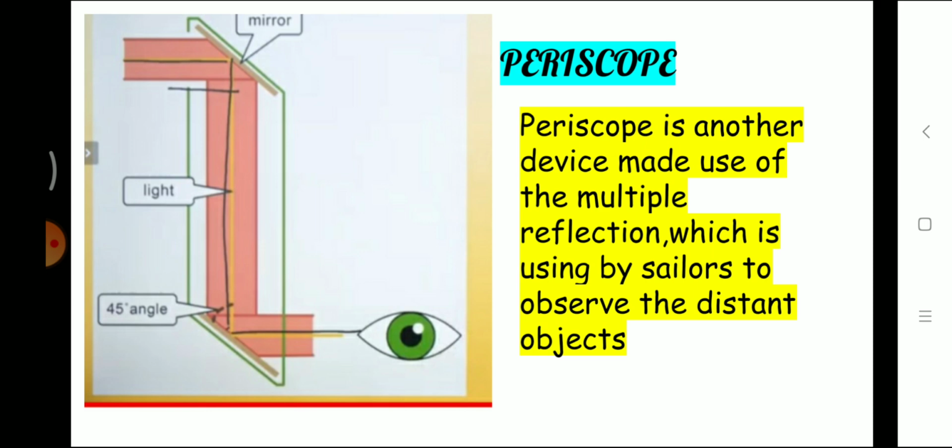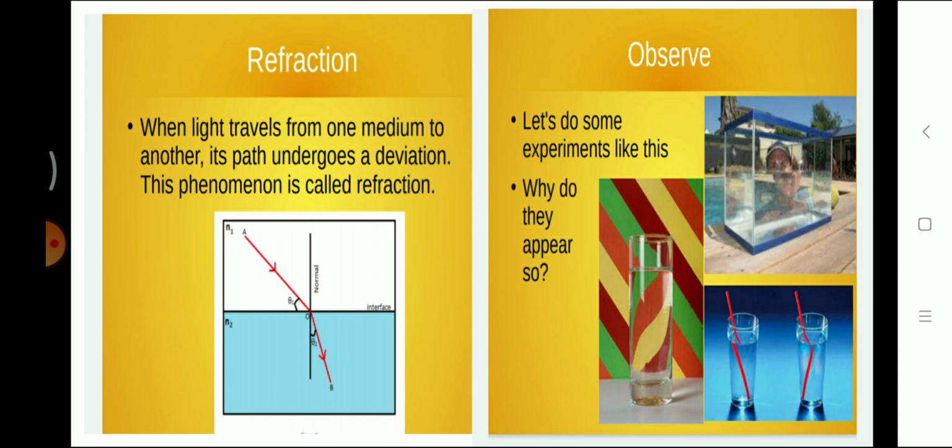Then we are going to discuss refraction of light. You can see a straw and a glass of water here. You can do this experiment in your home. You just take water in a glass and use a pencil or straw or any scale-like material.